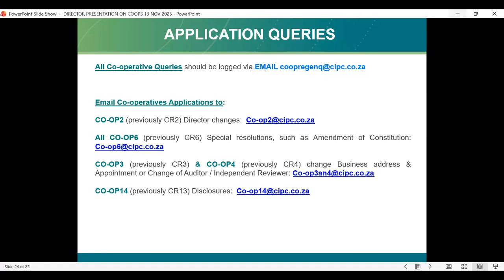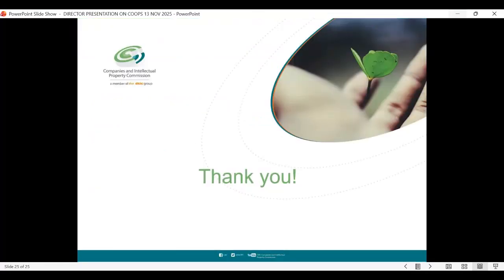If it's for annual returns, there's an email related to annual returns. If it's for director changes, obviously the email is coop2@cipc.co.za. So there are different emails published on the CIPC website. And then this will bring us to the end of our presentation.